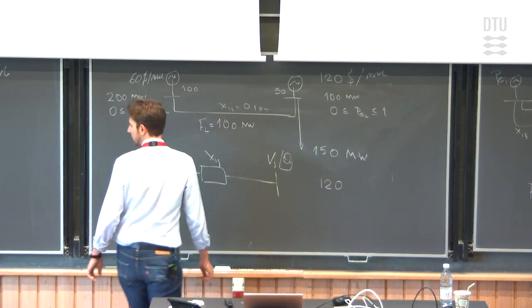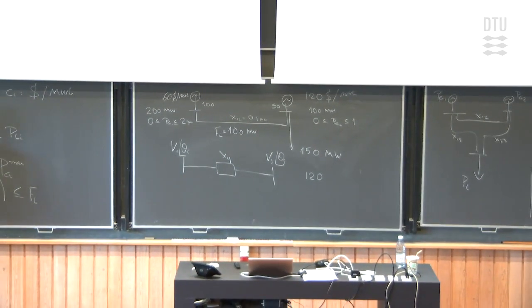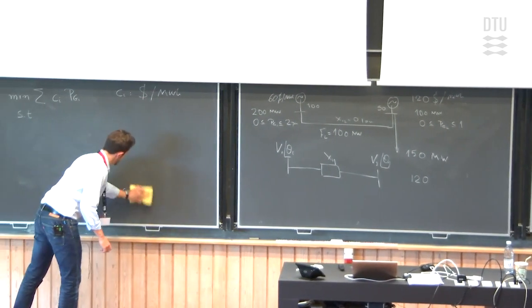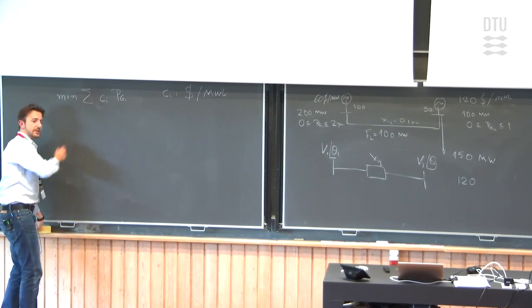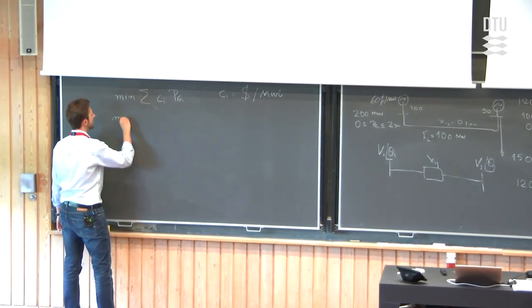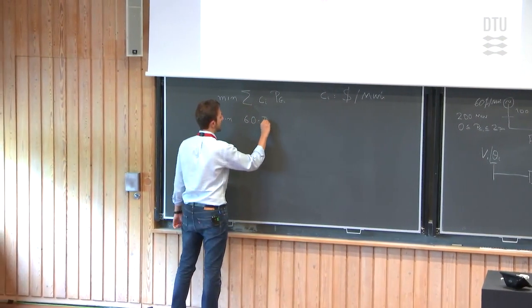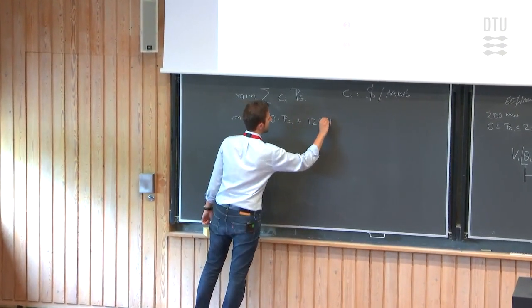OK, I have to actually somewhere write the objective function. I'm going to erase that. That's my objective function, right? My objective function is going to be minimize 60 times PG1 plus 120 PG2.